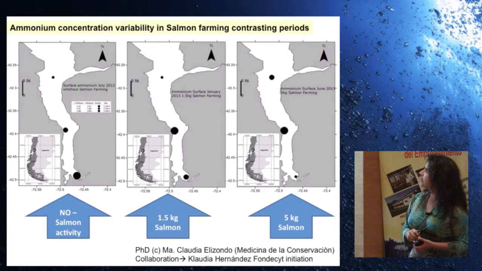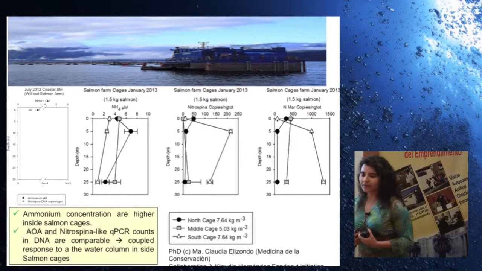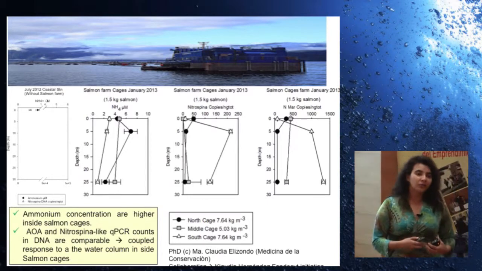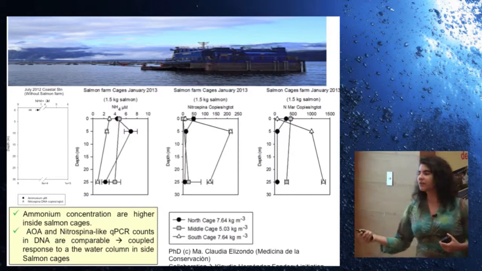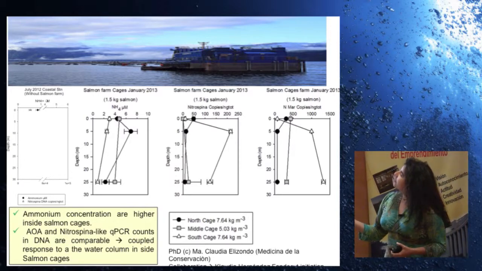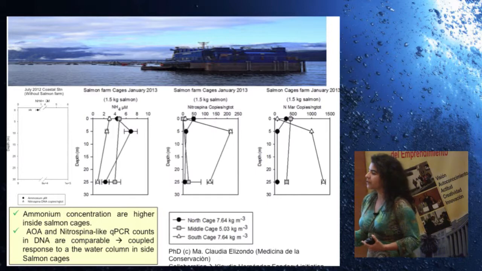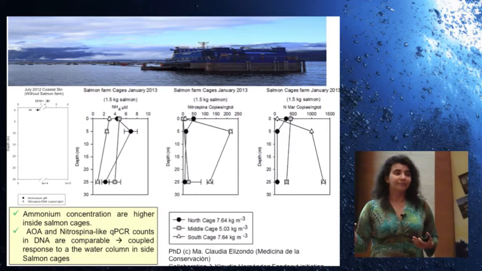So what happened with the communities? We were really lucky because we were allowed to measure the ammonium concentration in the cages. Here is a site for contrast. You see that most of the ammonium concentration was less than 1 micromolar.